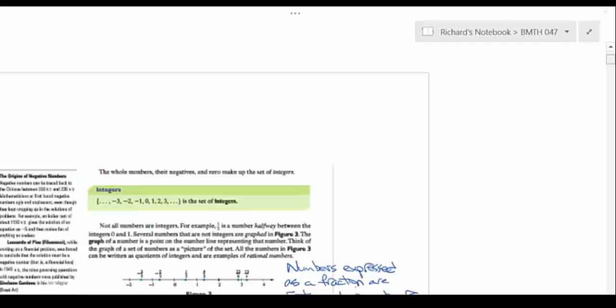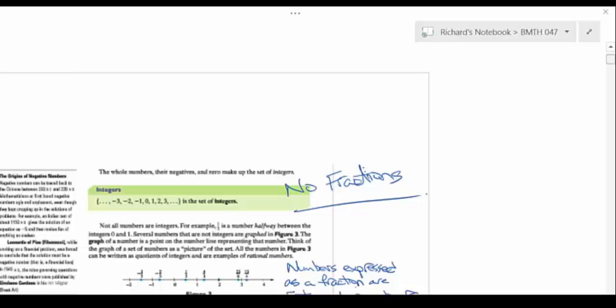Something important to remember about integers: there are no fractions in the set of integers.